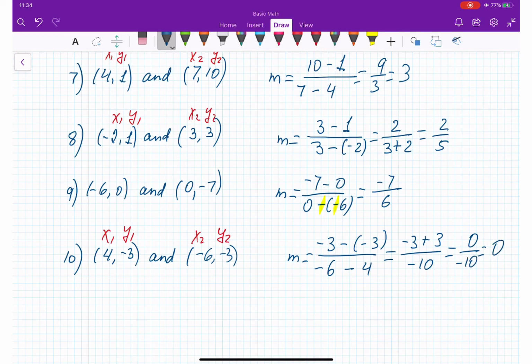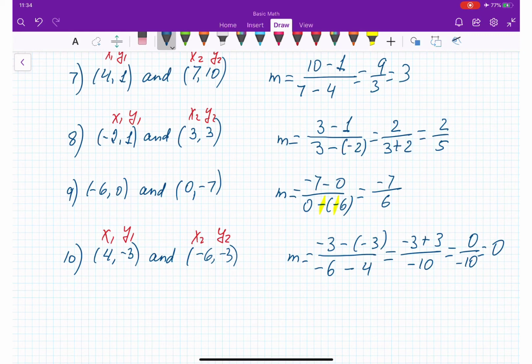There we go. Here is an example of the case when the line is going to be horizontal. We get slope 0. That means we know the graph is going to be a horizontal line.